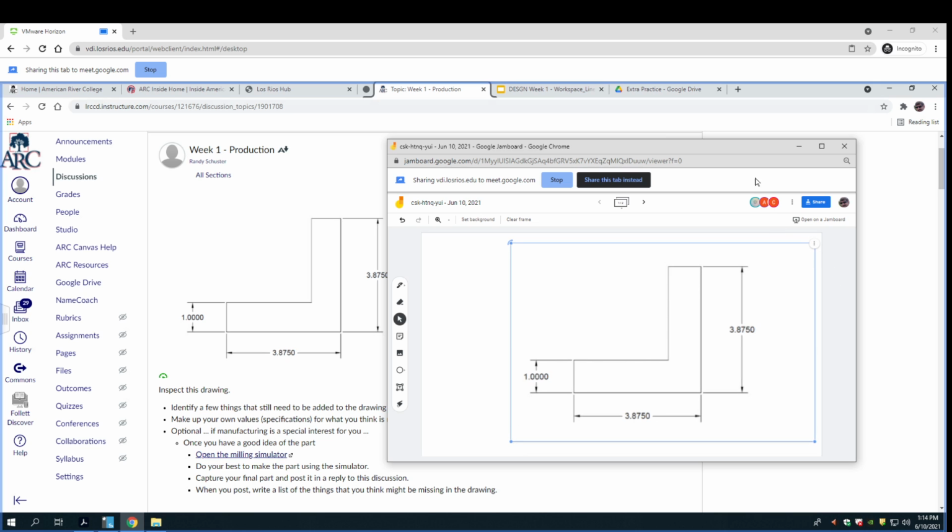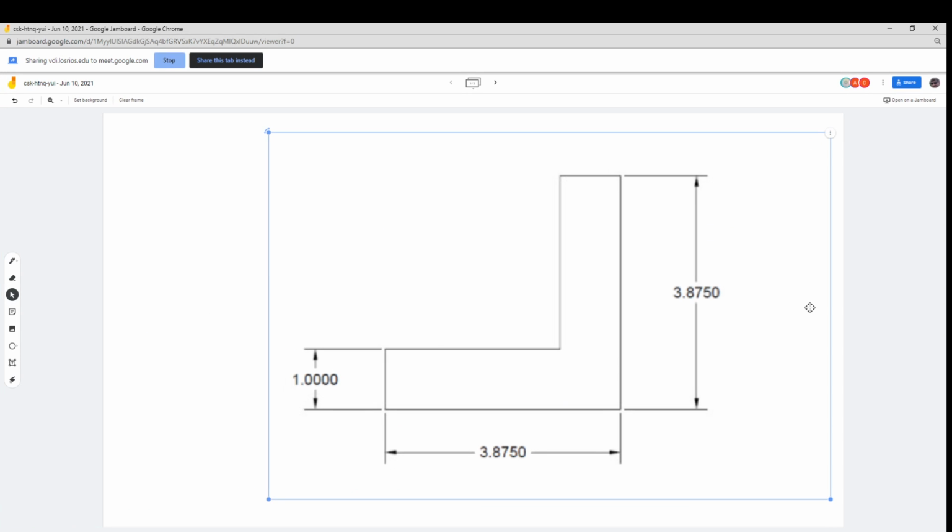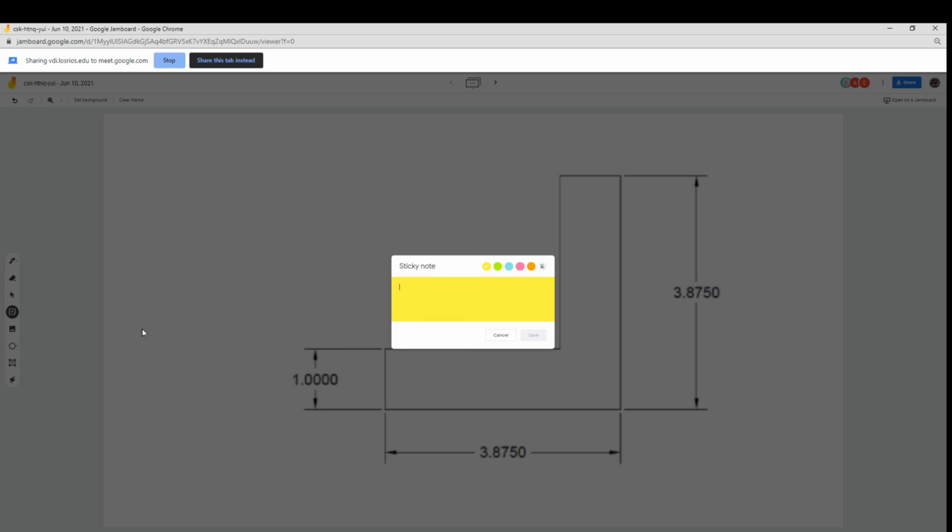So when we talk about production, we talk about a few things. We talk about form. We talk about fit. And we talk about function.